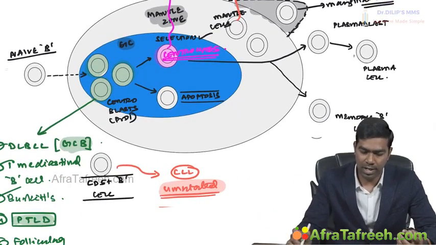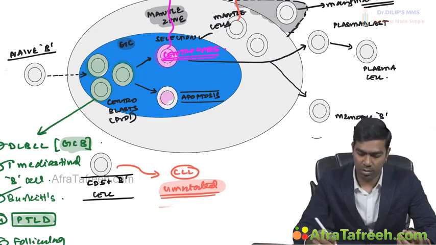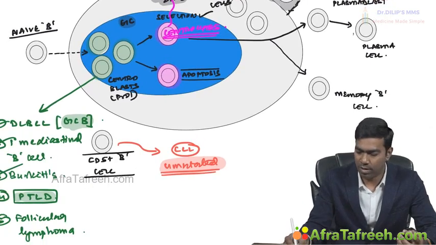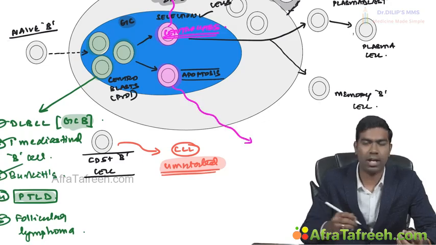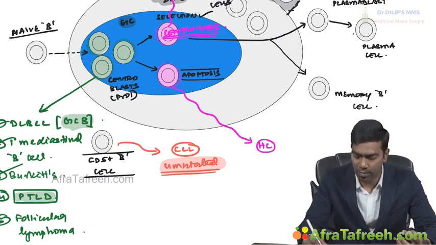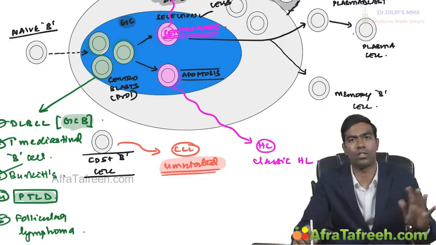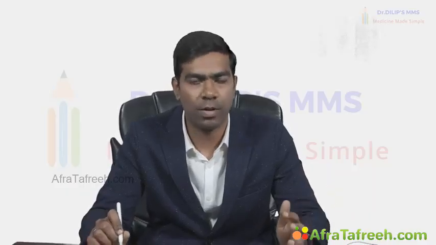The cells that are destined to go for apoptosis are going to give rise to one particular type of lymphoma, again a Hodgkin lymphoma, typically a classic Hodgkin lymphoma. I told you Hodgkin lymphoma is divided into two types, classic Hodgkin lymphoma and nodular lymphocyte predominant type Hodgkin lymphoma.